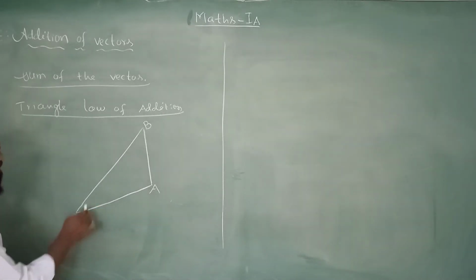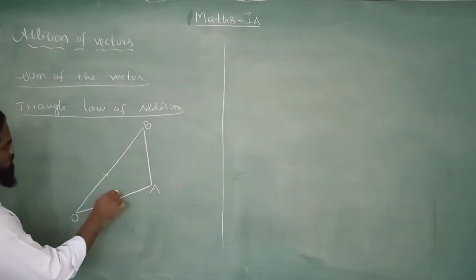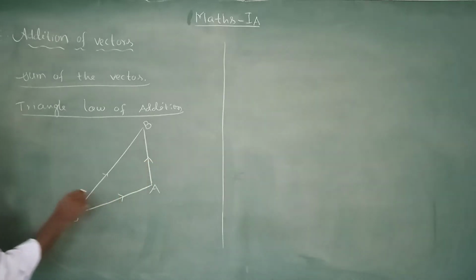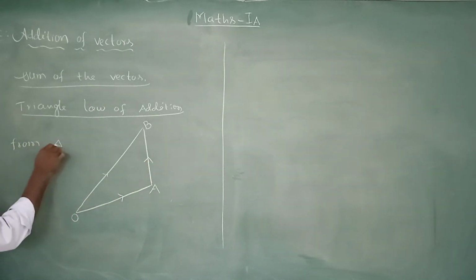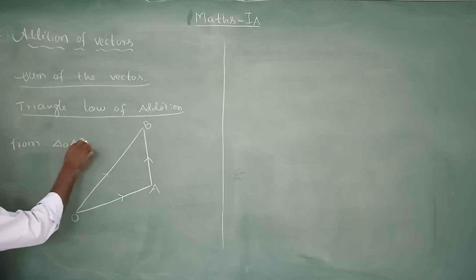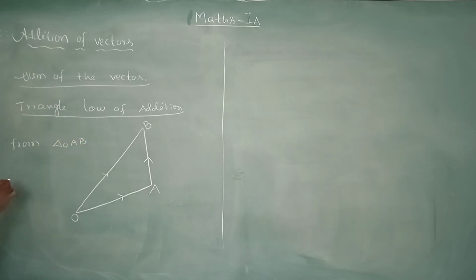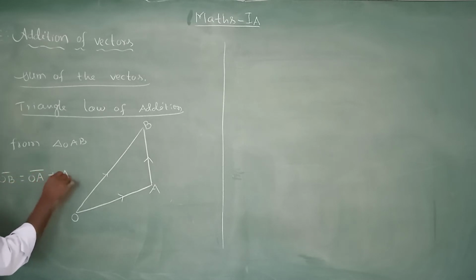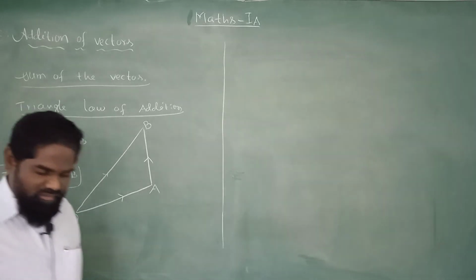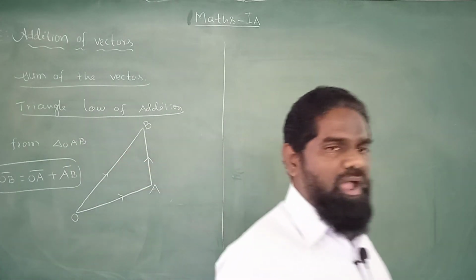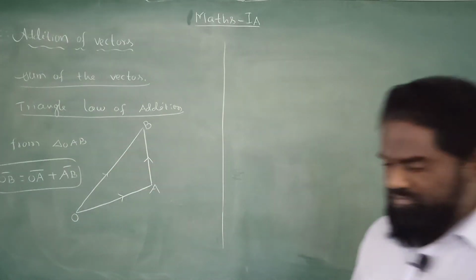Here, from triangle OAB, we can add as OB bar equals OA bar plus AB bar. This is called the triangle law of addition. This is the way to add vectors.